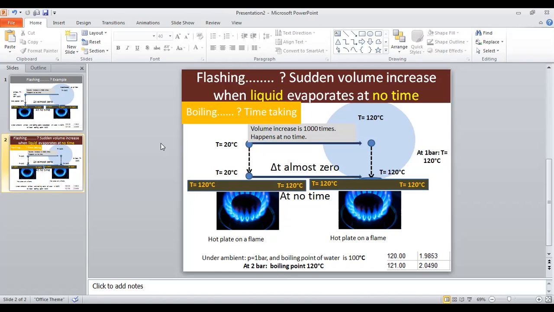So once you put in water, the boiling point is 100, but the oil temperature is above 100. So you will hear the same noise. That's the flashing of water there. When the water flashes, it evaporates suddenly.